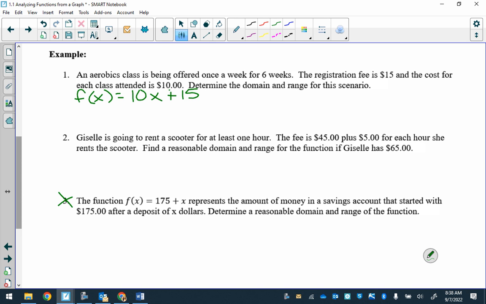Okay. So now the reasonable domain is x is represented each class, so once a week. Okay. X is represented the weeks, right? So x is equal to weeks, and the f of x is obviously the cost. So if our domain, what would be a reasonable domain for this?